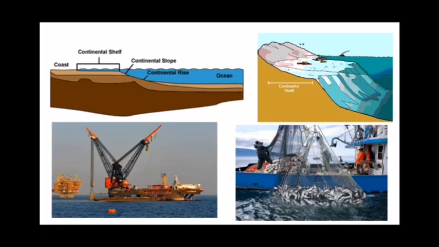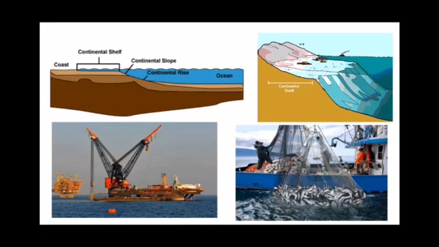Apart from all these things, natural gas, mineral oil and various minerals can also be found in this place. That is the continental shelf. In the picture you can see we have Mumbai High located on the continental shelf in the Arabian Sea.